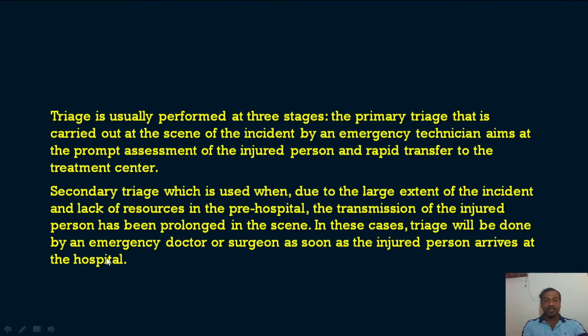The surgeon or the emergency doctor will decide what to be done with the patient. That point of triage is termed the secondary triage. So the primary triage happens at the scene of the incident, and the secondary triage happens when the patient reaches the hospital and the doctor decides what to do with the patient.